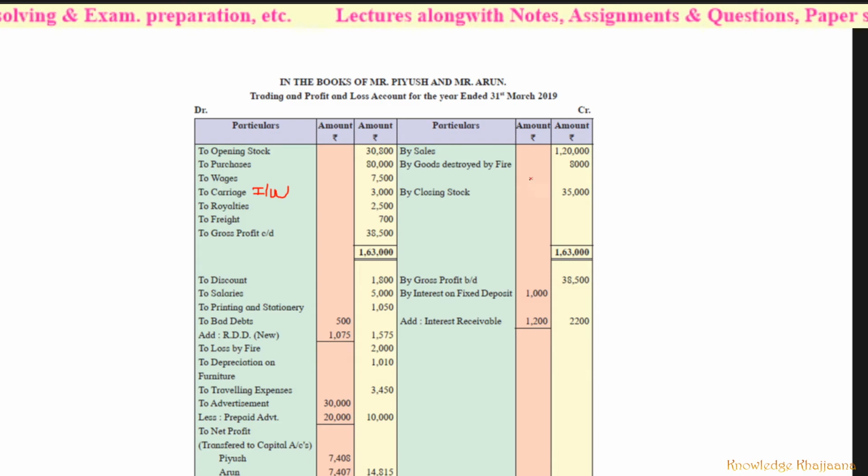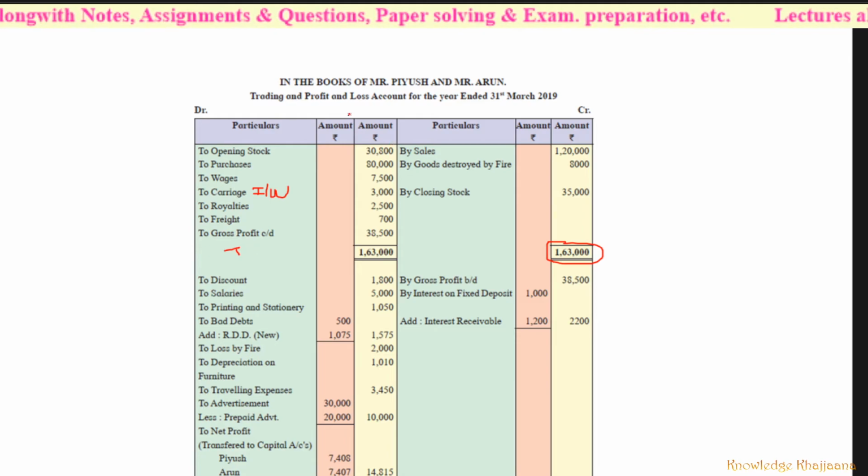So if we look at these figures, the values on the credit side are more. So the total of the values of the credit side is rupees 1,63,000. So we have to write the same total at the debit side also, that is 1,63,000.